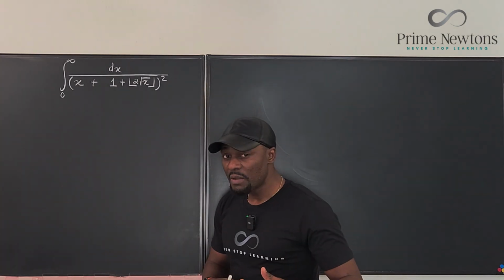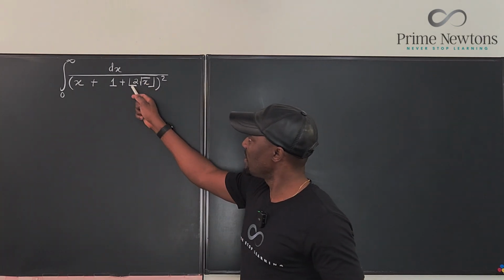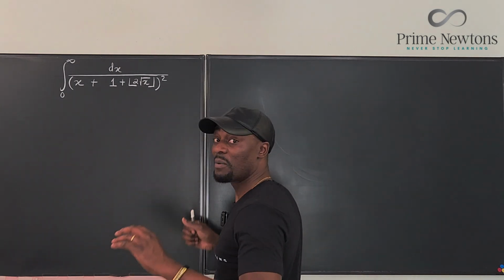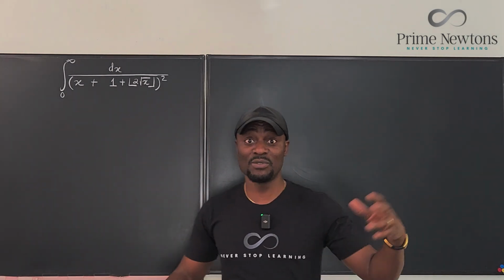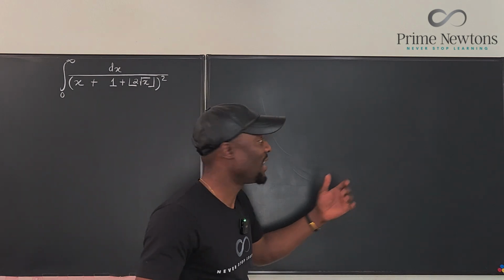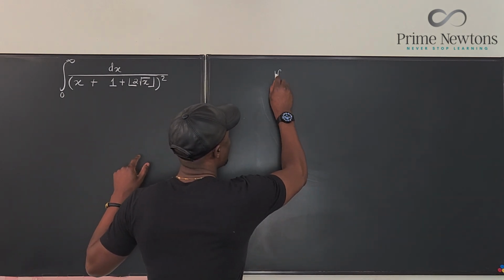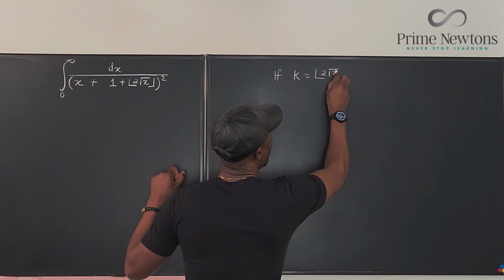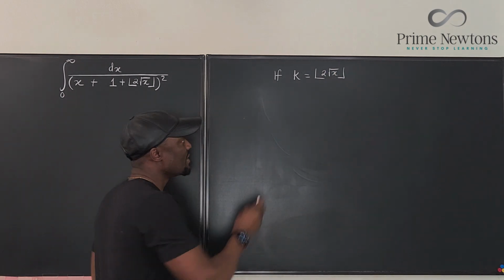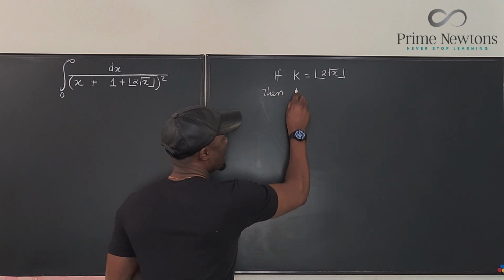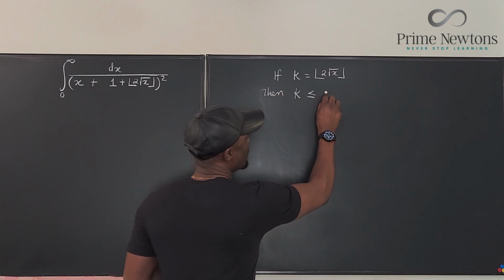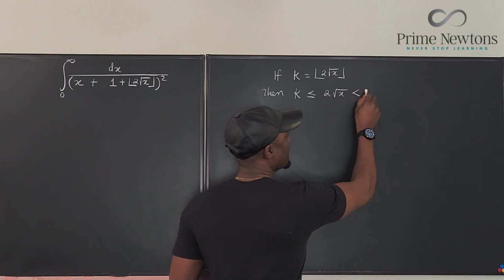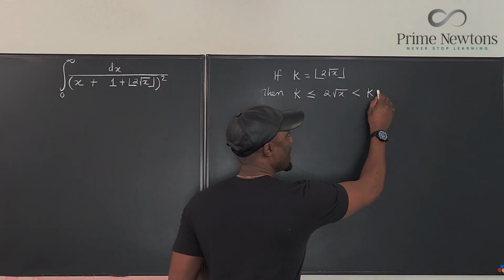So the first thing I'm going to do is try to get rid of this floor, because I cannot integrate with it here. From the definition of the floor function, which I've used in many floor function videos, if k is the floor of 2 times the square root of x, then k is less than or equal to 2 times the square root of x, and 2 times the square root of x is less than the integer after k.